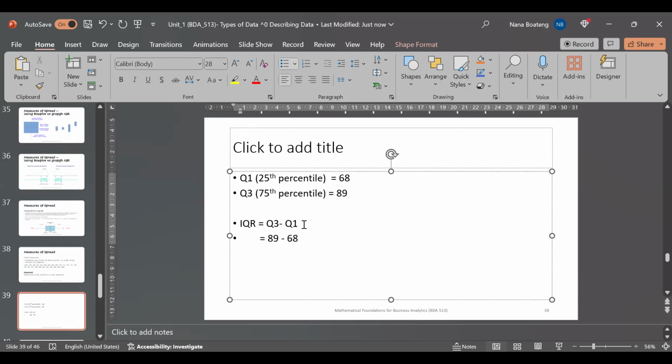So that gives us, is it 23? That gives us 23. 21. Is it 21? Okay, sorry. 21, yeah?